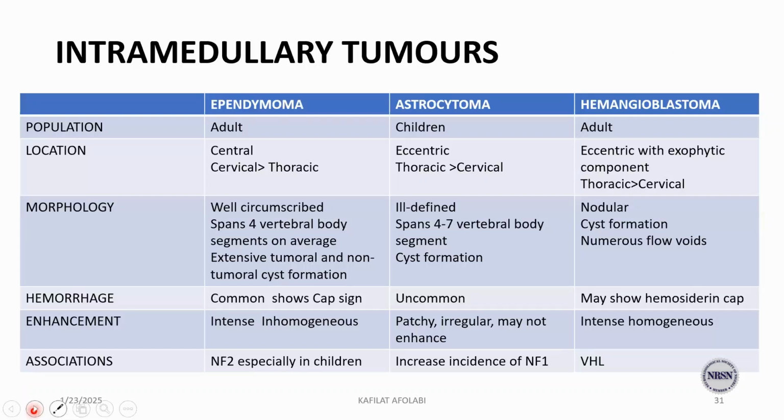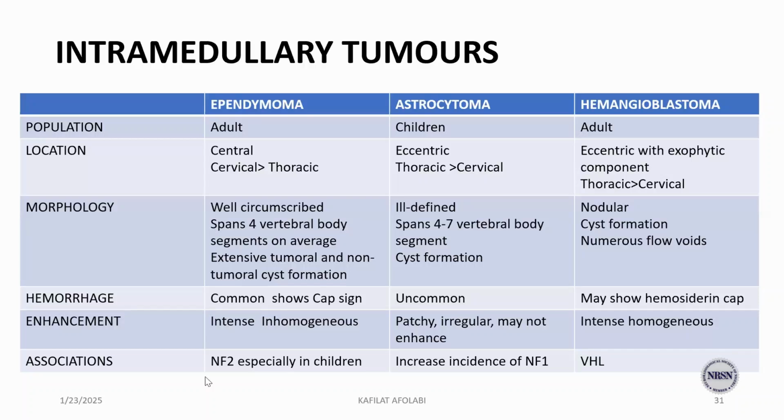So I have a summarized table for the intramedullary tumors here for repetition. So you have ependymoma, usually adults greater than children, astrocytoma mostly in children, hemangioblastoma usually adults. In terms of location, ependymoma are usually more central, while astrocytoma are likely to be eccentric.